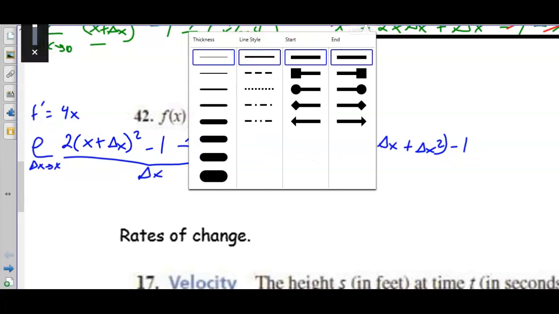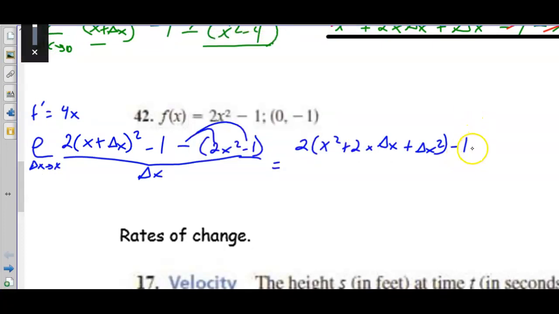Alright, so that should be minus 1 minus 2x squared plus 1, all over delta x. Now distribute this 2 real quick.